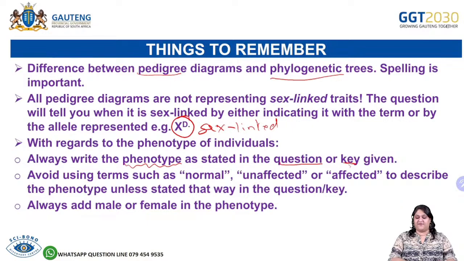Like I said, when you have the phenotype, you're going to say male with color blindness, male without color blindness, or male with normal vision. In that instance, normal vision I think would be accepted. However, to be absolutely safe, you can say a female that is not colorblind. A male with hemophilia, a female without hemophilia, or non-hemophiliac. But rather just be safe and be guided by the question always.